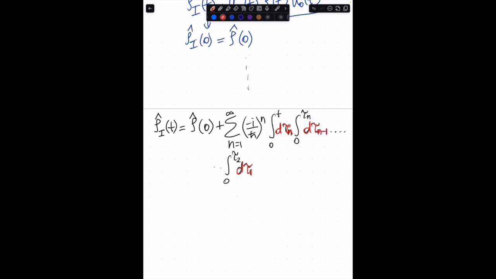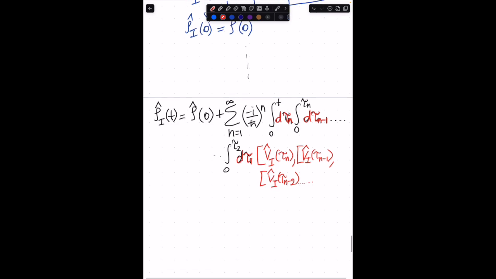Yes, so then you get the nested commutator where you have the perturbation in the interaction picture at tau n, along with the commutator of the perturbation in the interaction picture at tau n minus 1, and then you take the commutator of the perturbation in the interaction picture at tau n minus 2, and so on.